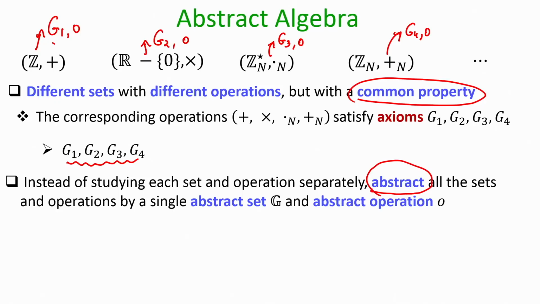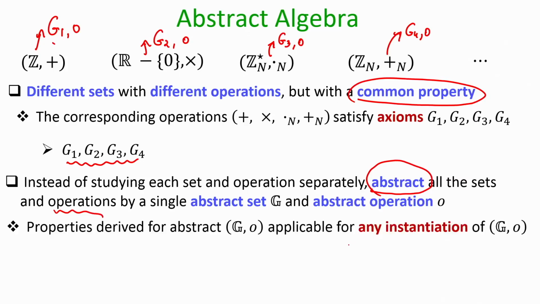All the operations available with the individual sets are also abstracted by a single operation O, and then we will study the abstract set along with the abstract operation, assuming that they satisfy these 4 properties.